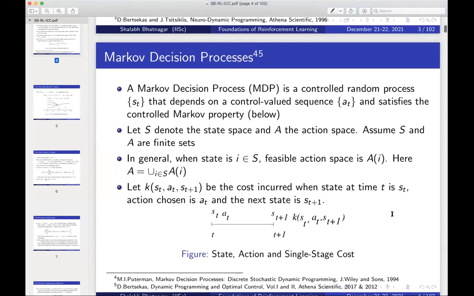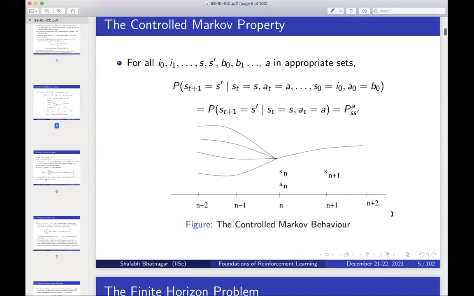You're talking about the controlled Markov property, right? Yes, this one. So, as I said, we are in a setting which comprises discrete states and discrete actions, and of course you can extend it to settings wherein the states and actions take values in continuous sets.